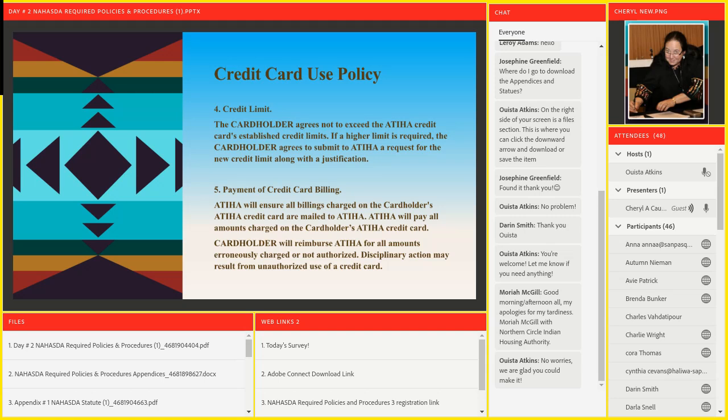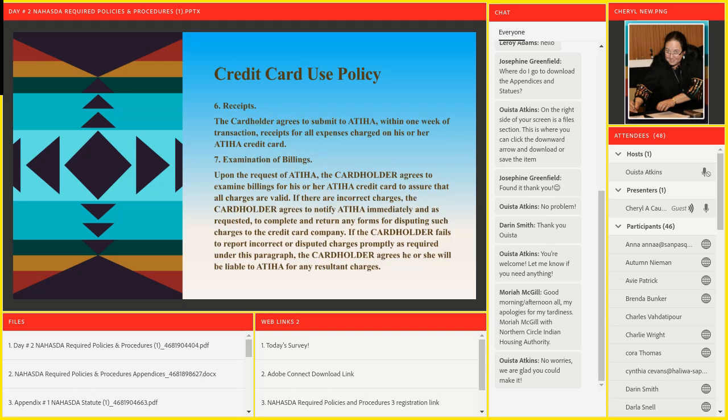ATIHA will pay all amounts charged to the cardholder's ATIHA credit card. The cardholder will reimburse ATIHA for all amounts erroneously charged or not authorized. Disciplinary action may result from unauthorized use of a credit card.